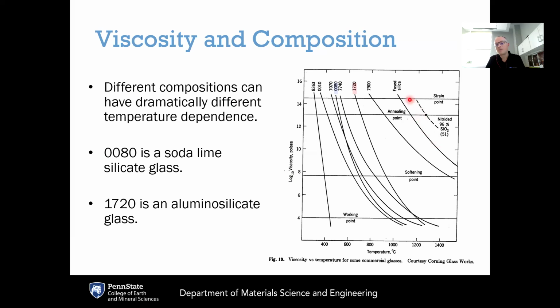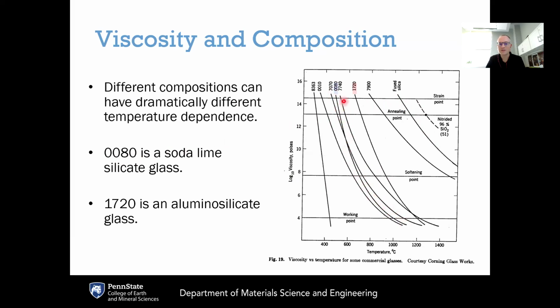And if we take fused silica and add other components to it, like modifiers, this tends to lower the viscosity at the same temperature. So for example, if we go from fused silica to any of these other glasses, such as 0080, which is shown here highlighted in blue, this is a soda-lime silicate glass.